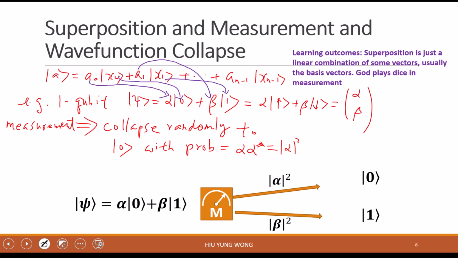Or it can collapse to 1 with the probability equal to beta beta star, which is equal to the magnitude of beta squared. Is this okay? Any questions? That's what I want to say for this, from the last lecture. I know it's very simple. We keep repeating, but make sure that you understand this basic.